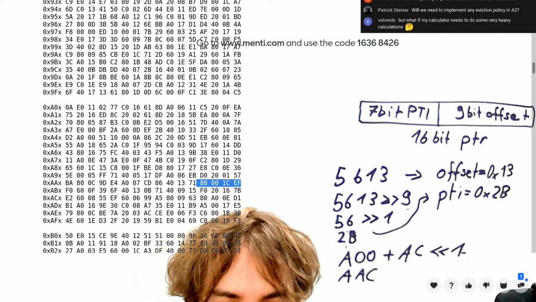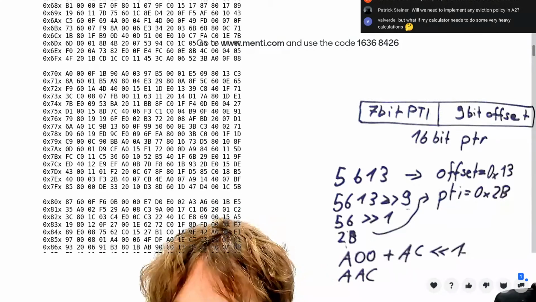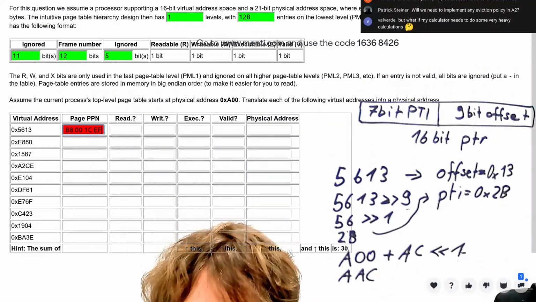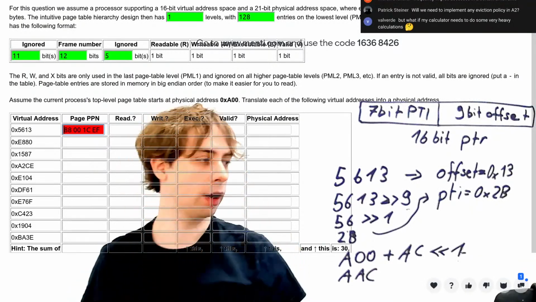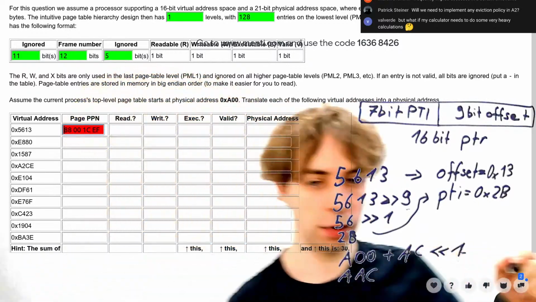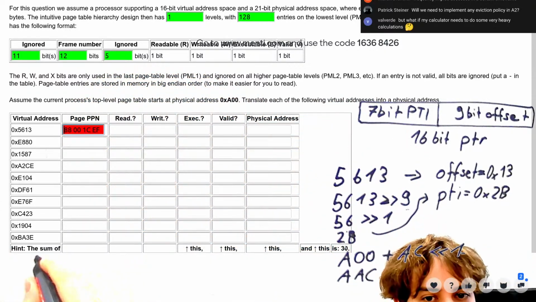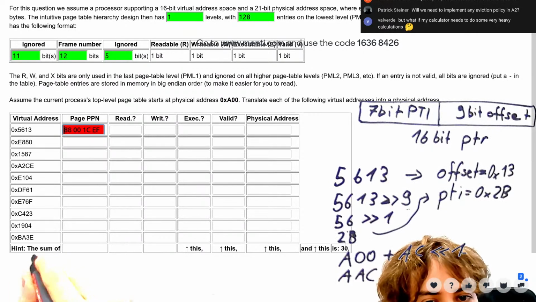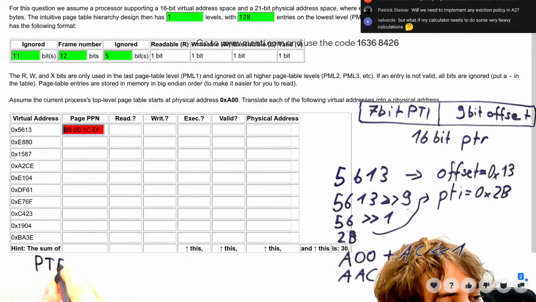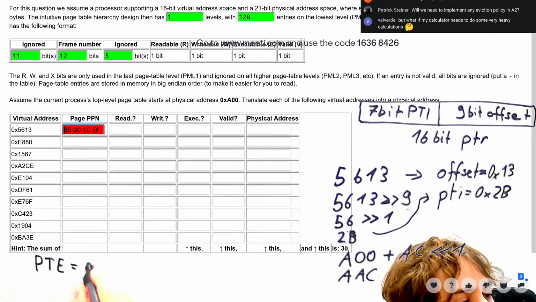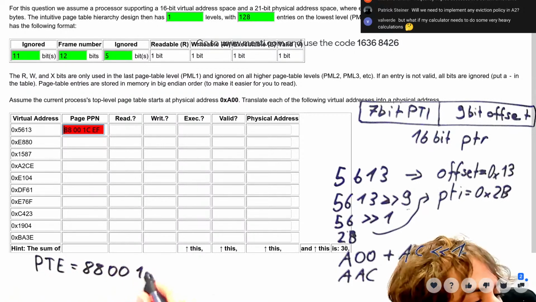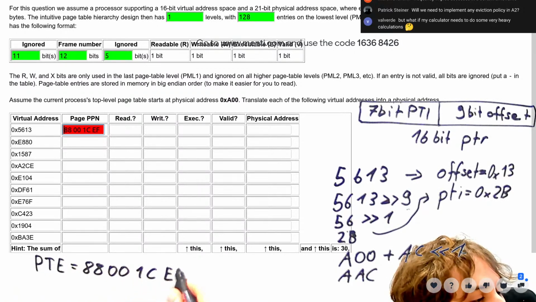These bits. Okay, let's copy them up. We copy them in here just so that we have them somewhere. So what we have gotten from the PTE was 8801CEF.